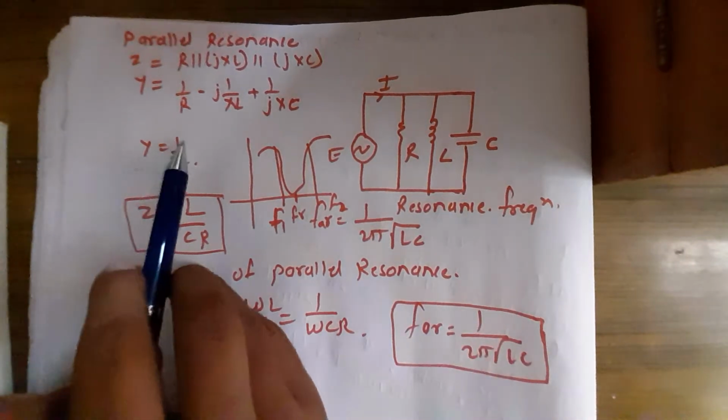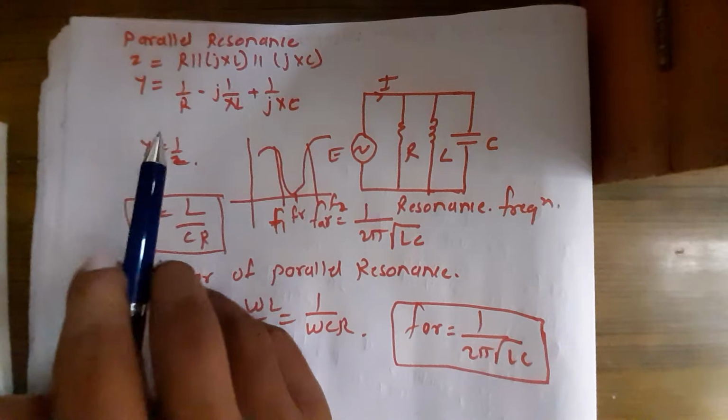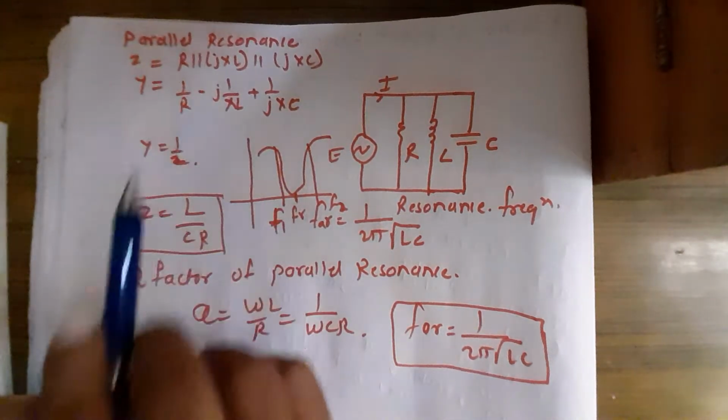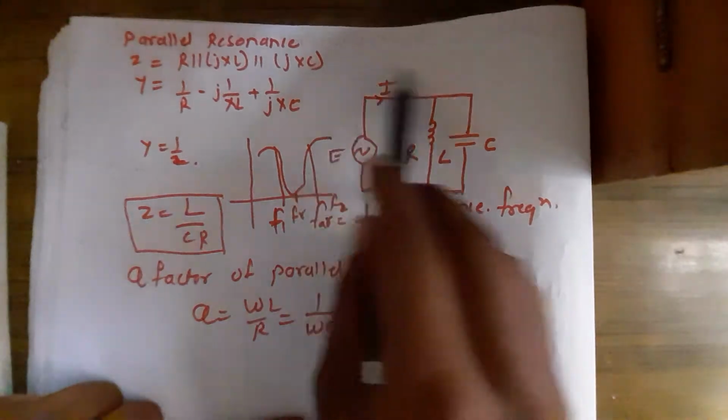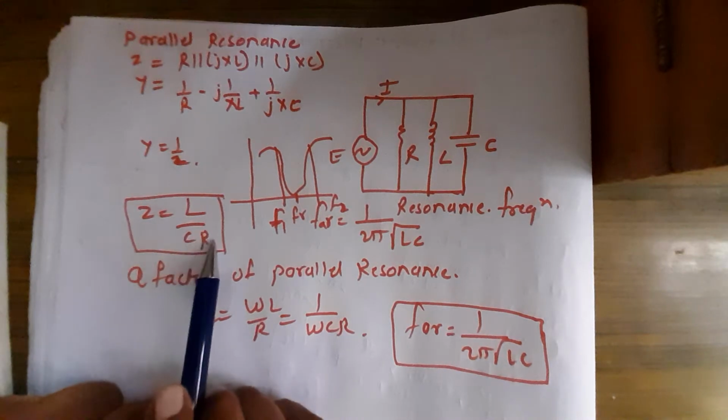Z equals 1 upon Y. After doing the calculation, we get the impedance of this circuit as purely real, that is L divided by C into R.